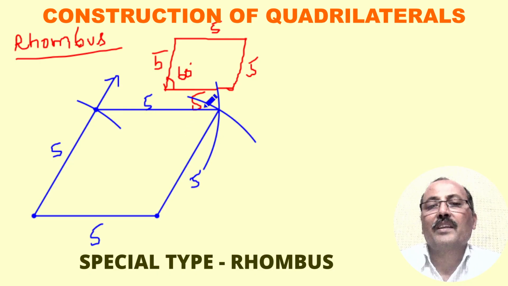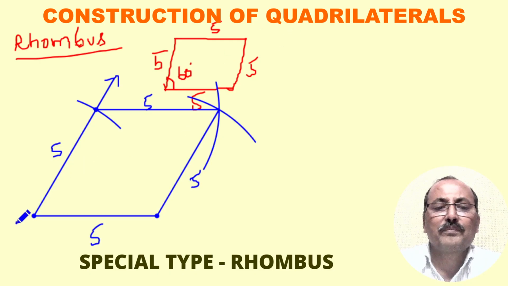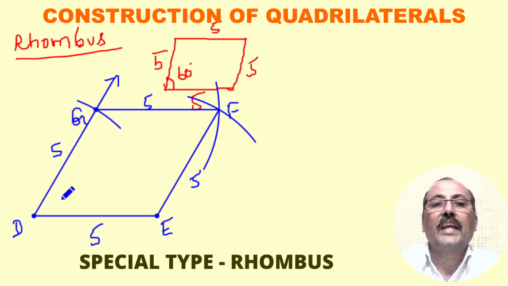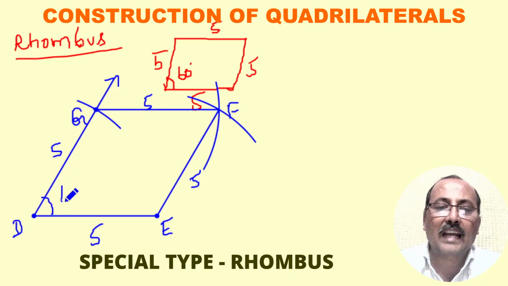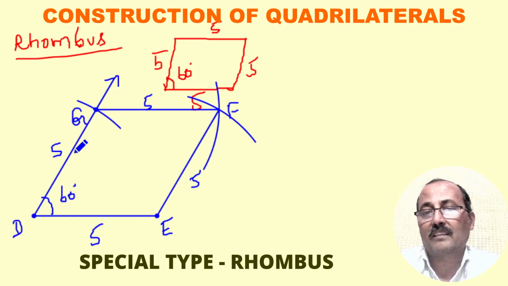If you want, you can verify it. Now the name is not given. We can give the name D, E, F, G, or PQRS, or ABCD. Anything can be given, and this angle is 60 degrees. Surely they must give one angle, or this question can be asked in the form of perpendicular bisectors also.